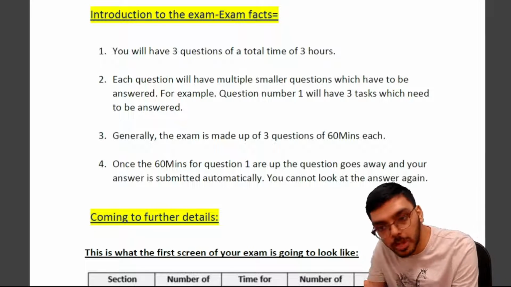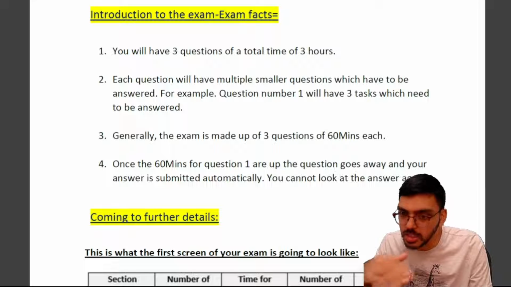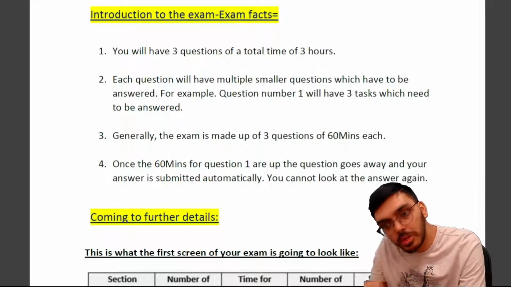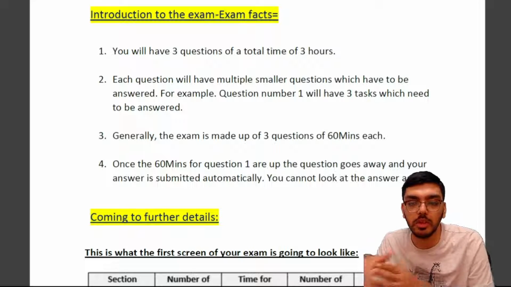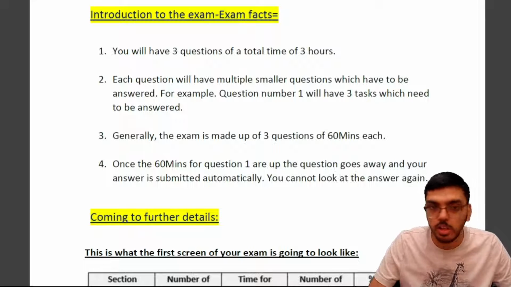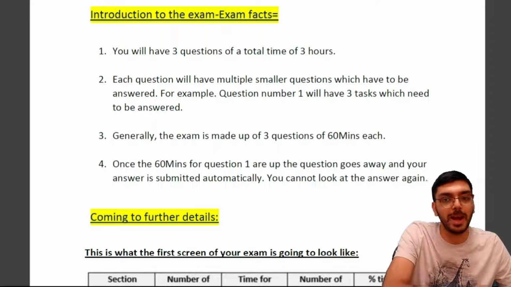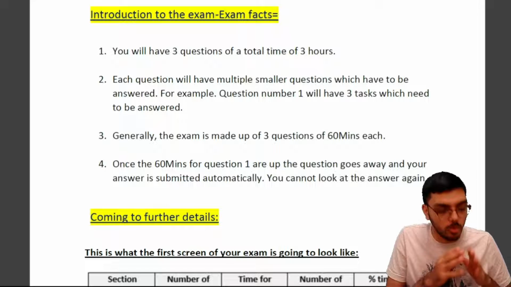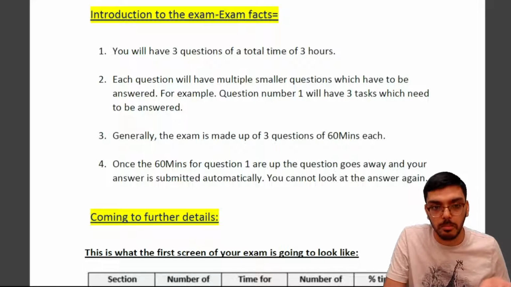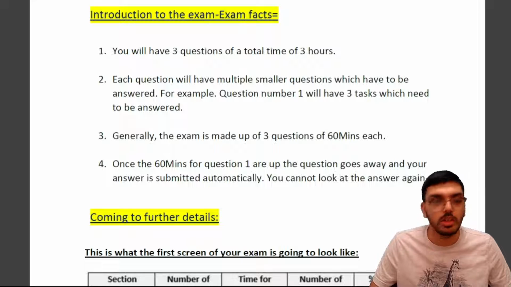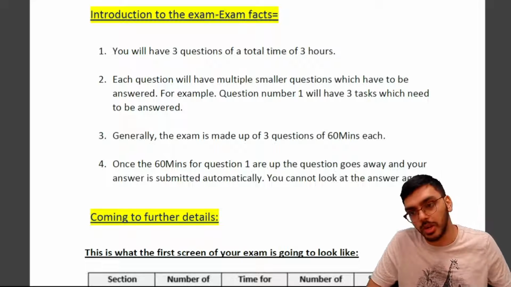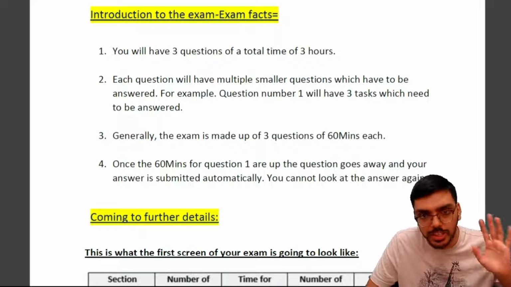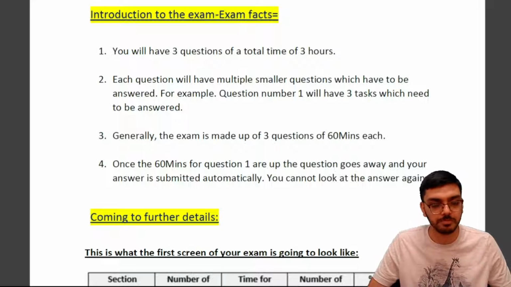Then comes question number 2, 1 hour, completed, gone. Then comes question number 3, and that's how you complete your 3-hour exam. You can't go to the third question and then come back to the first question. That cannot happen. In that first 1 hour, 1 question has to be done and submitted. It's gone, it's finished. In the second 1 hour, second question. In the third 1 hour, the third question. It's as simple as that.